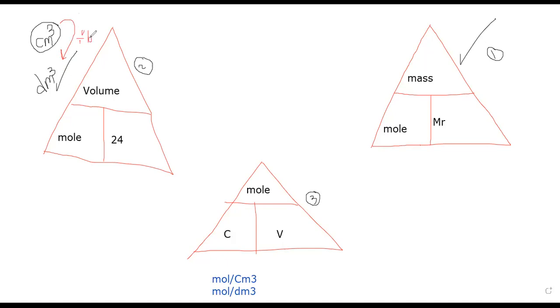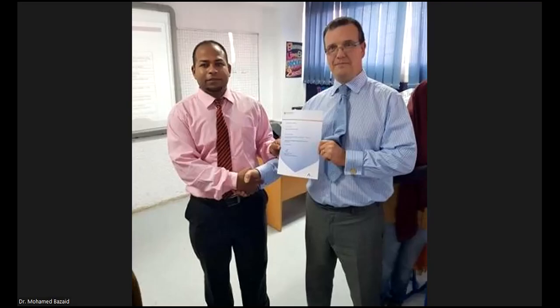If there is a cubic centimeter, convert it into cubic decimeter first by division by 1000. Okay? Everyone is ready? This is the introduction about what I'm going to say today.